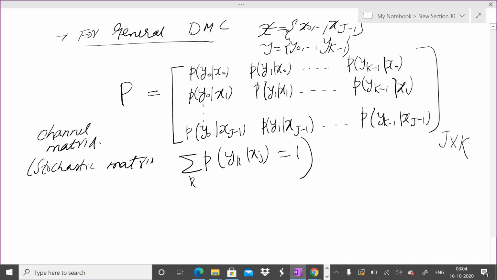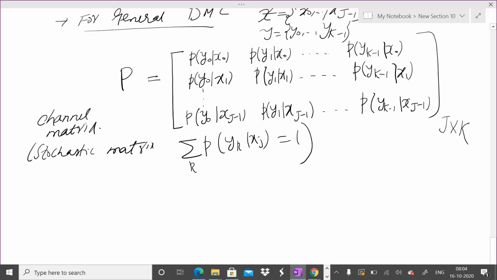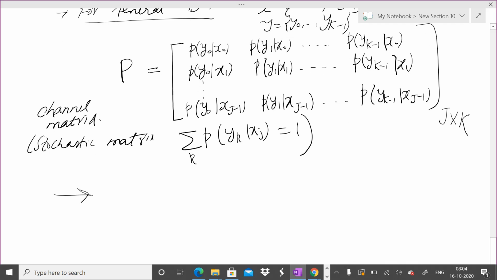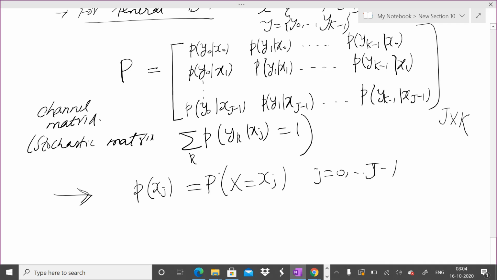As I told you, the input source bits are also coming from a random source. So we define p of xj as probability x is equal to xj, for j equal to 0 to J minus 1.